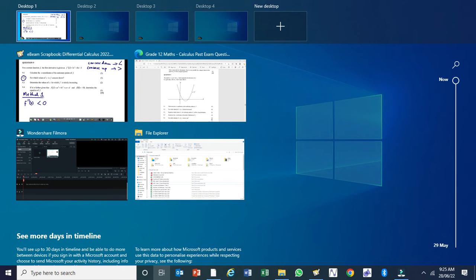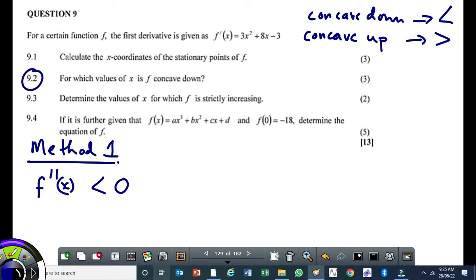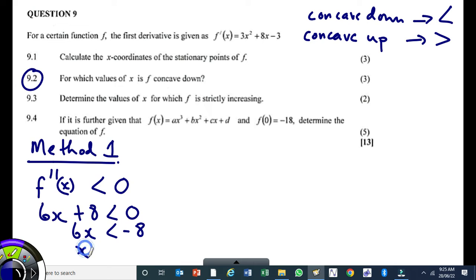My second derivative is 6x plus 8, which is less than 0. When you solve this inequality, 6x is less than minus 8, then x is going to be less than minus 4 over 3. So this is method 1, my preferred method.